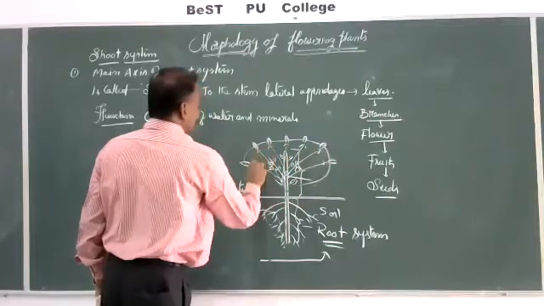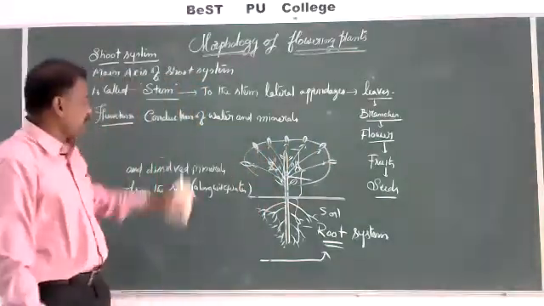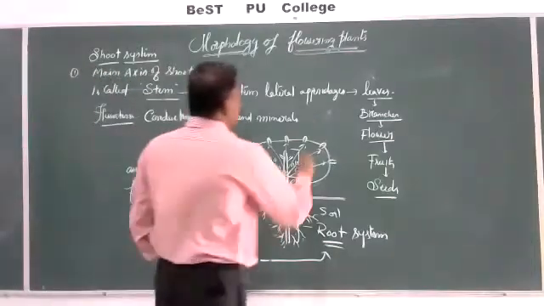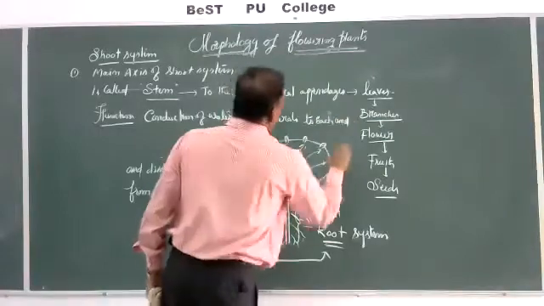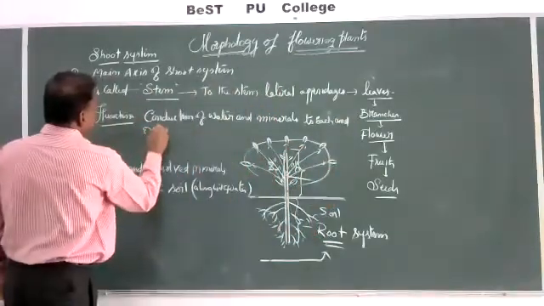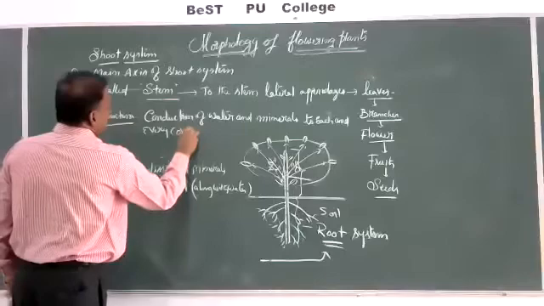This process is called conduction of water and minerals to each and every corner of the plant body.